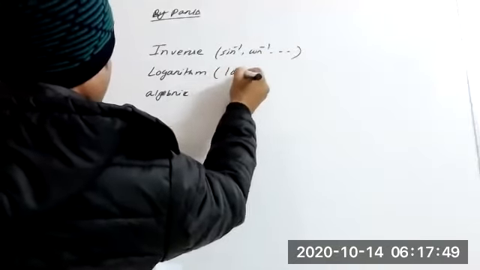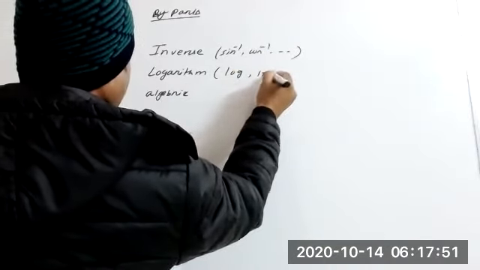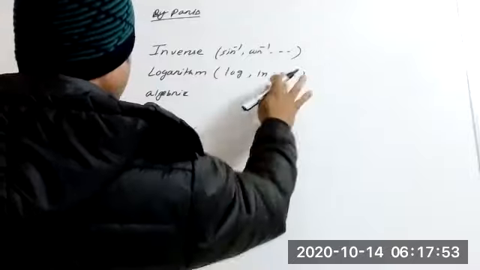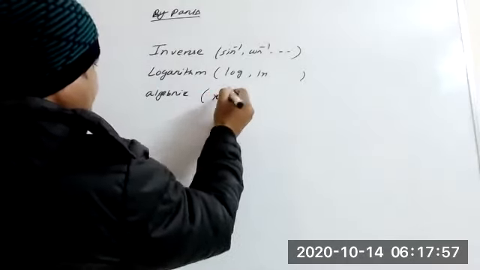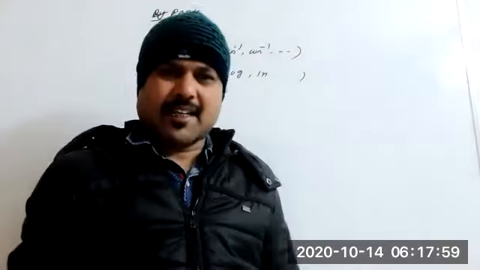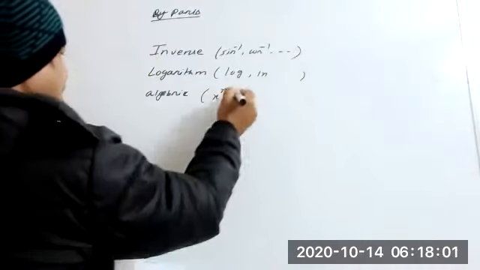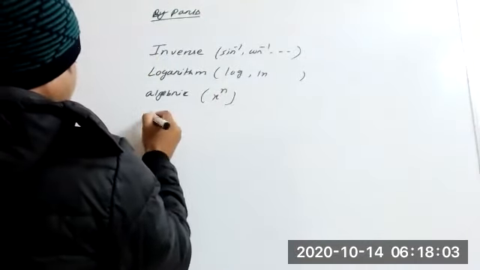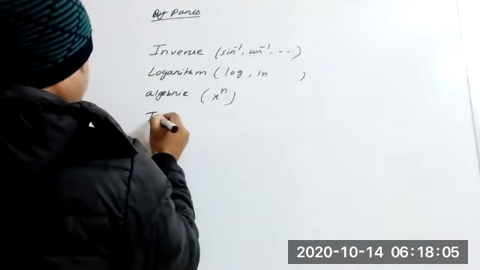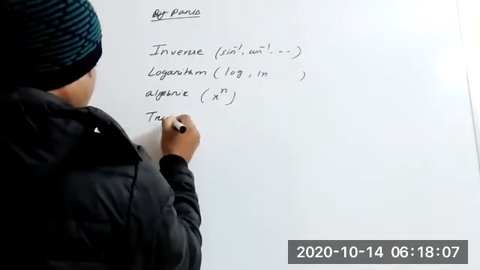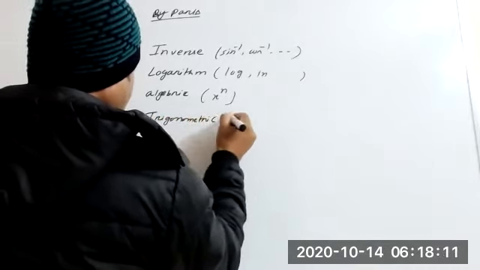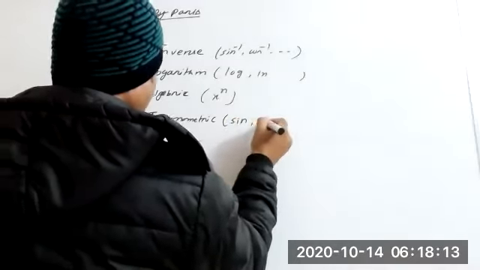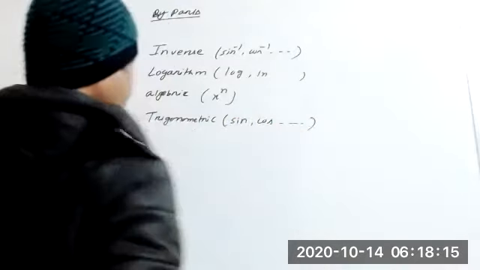Logarithm means log or ln, whatever, right? Algebraic means x to the n, that is algebraic. T means trigonometric, that is sine, cos, right? That is also trigonometry.